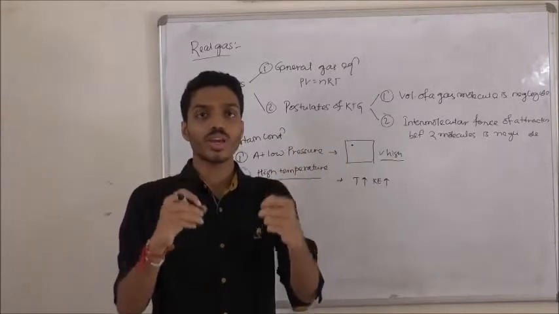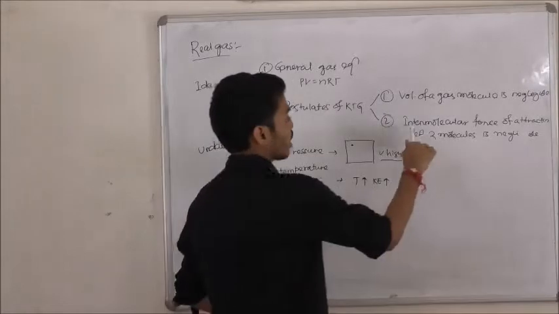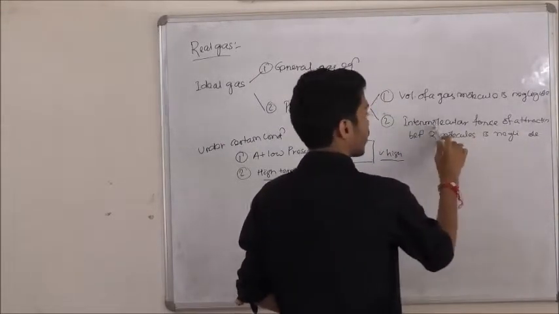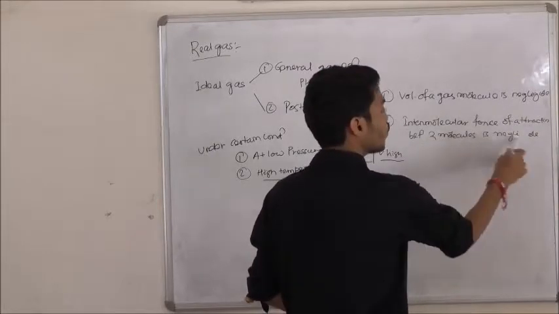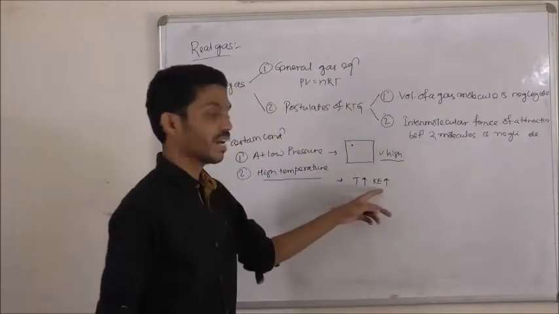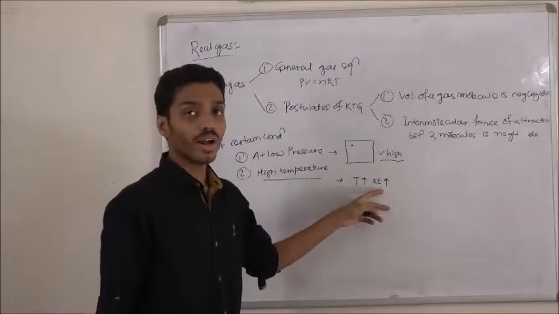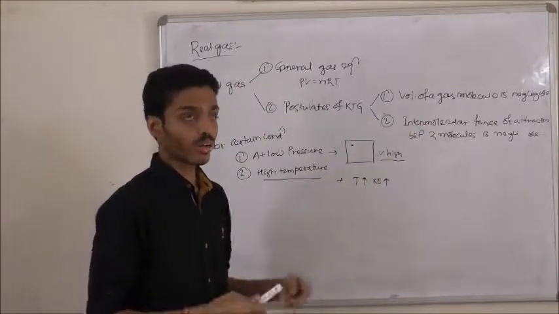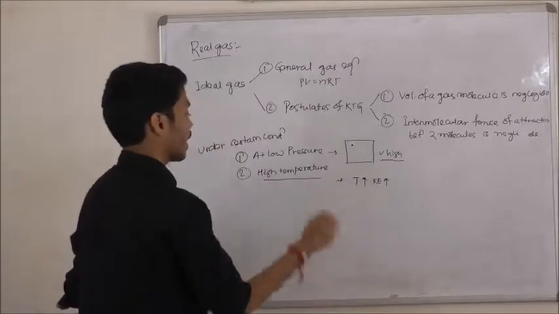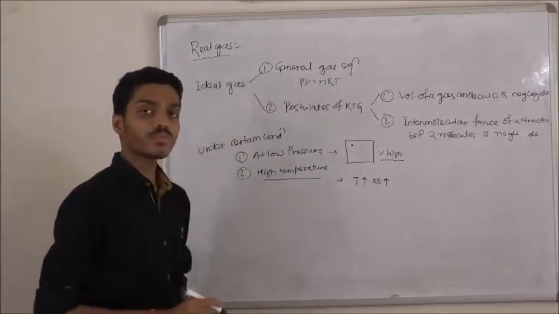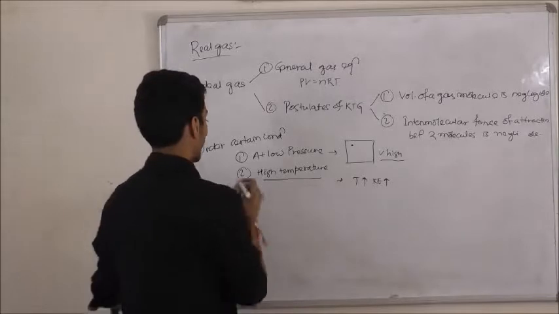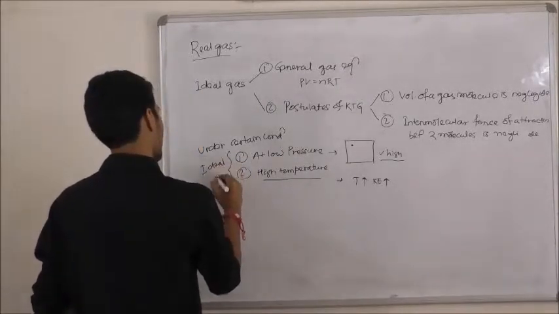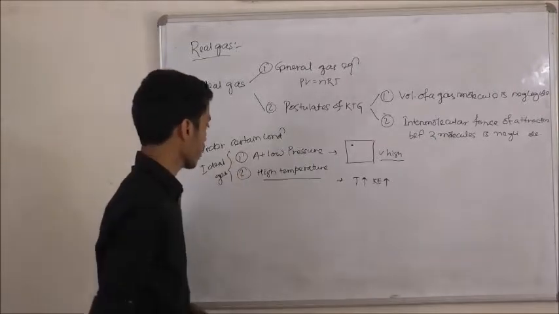So the attraction between them is negligible, and that is our condition for ideal gas, that the intermolecular force of attraction between two molecules is negligible. So at high temperature, again a gas behaves like an ideal gas. So under these two conditions, the gas behaves like ideal gas.